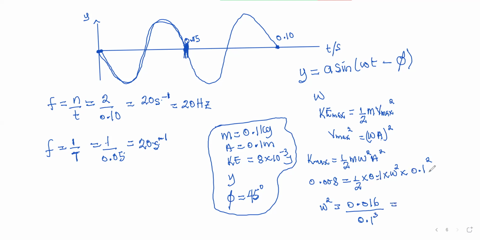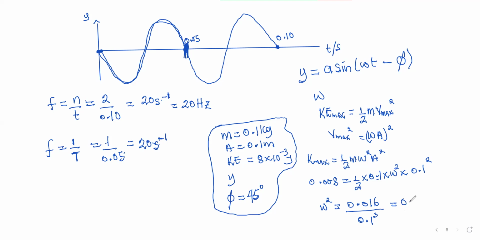What is 0.1 raised to the power 3? This gives us 0.001.